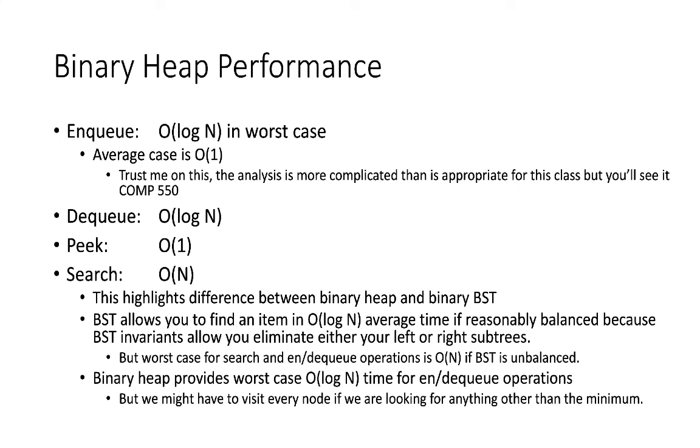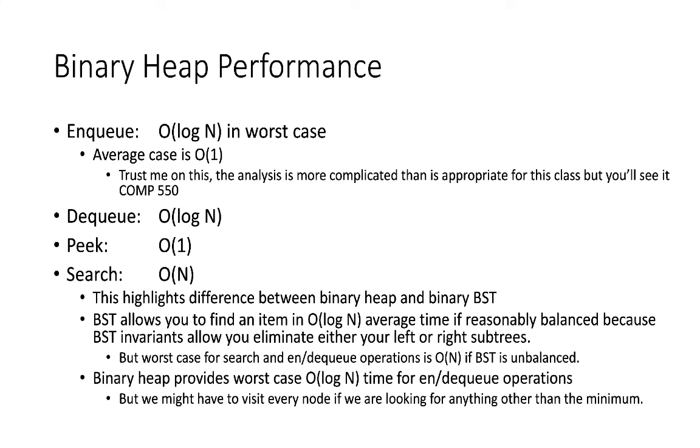But we won't go through that analysis here because it's somewhat involved. But trust me, right? The average time enqueuing performance for a binary heap is actually constant time. But even in the worst case, it's only log n, right?